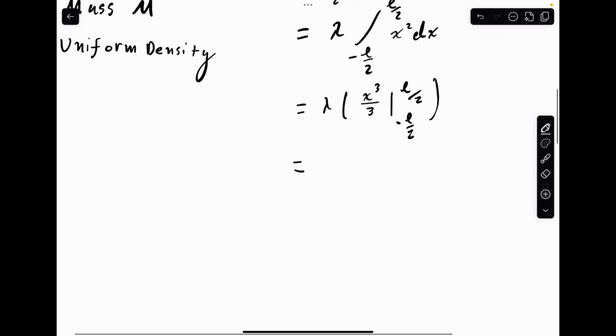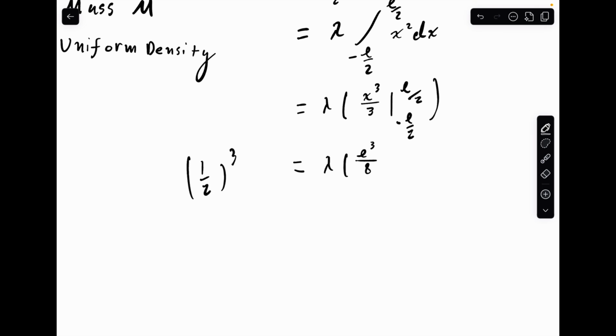And this becomes lambda times, okay, now what's L over 2 to the third? It's L to the third divided by 8, because 2 to the third is 8. One over 2 to the third is 1 to the third over 2 to the third, giving me 1 over 8.